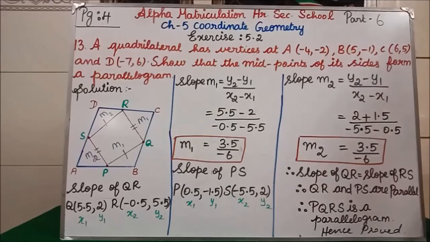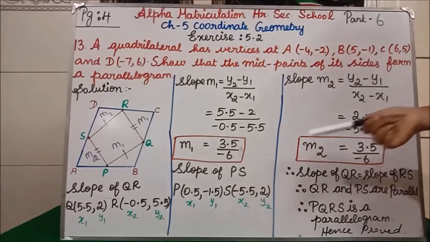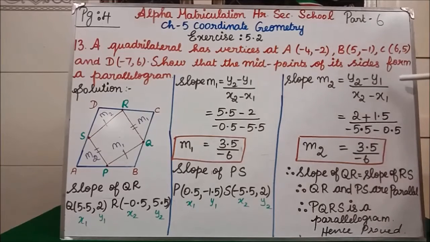Next, the other side is what? Slope of PS. Now this is M1, and the next one we are going to find is M2. So the P value and S value we know. Again the two-point formula. What is the y2 value? 2. y1 value is minus 1.5. Here minus minus will become plus 1.5, divided by x2 value, minus 5.5 minus x1 value, 0.5.